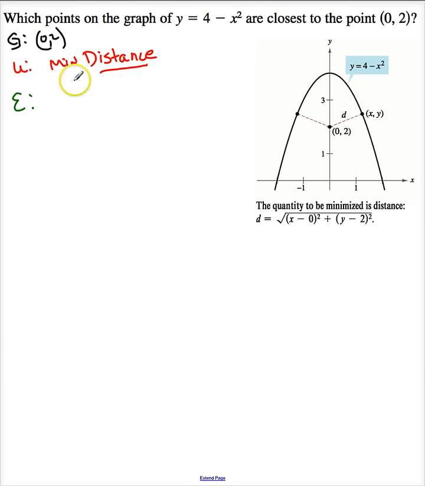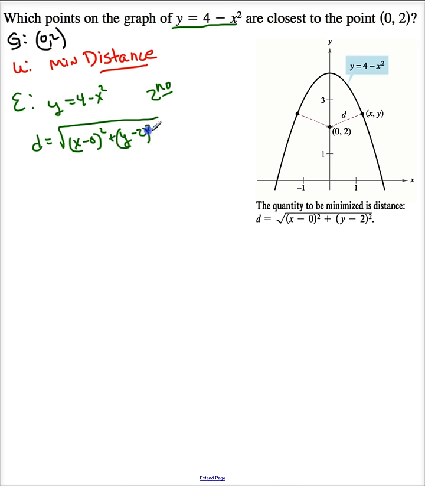Now, the equations are kind of fun for this one. This equation right here is your secondary equation. So y equals 4 minus x squared is your secondary equation. Your primary equation is your distance formula. D equals the square root of x minus 0 squared plus y minus 2 squared, because that is the distance from this point to the curve.